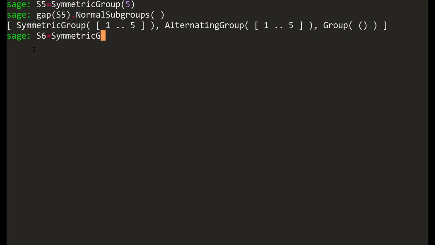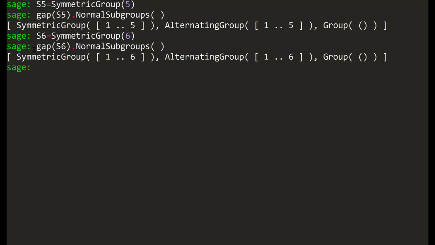Symmetric group on 6, and then I will go GAP, S6 normal subgroups. And again we have the same thing, and so we can just keep on repeating this.